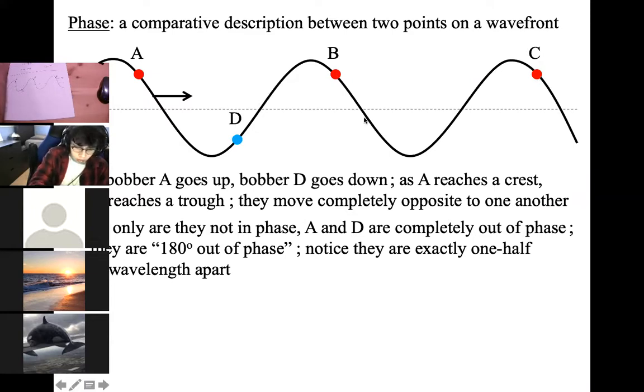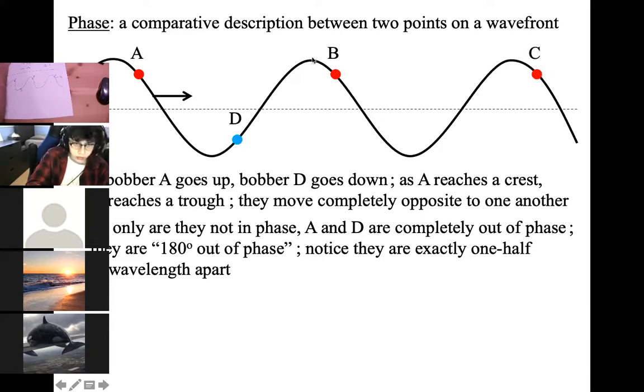How far apart are bobbers D and C? Yes. Nicely done. It's a wavelength and then another half. 1.5 wavelengths. And that's going to be true of all the rest.